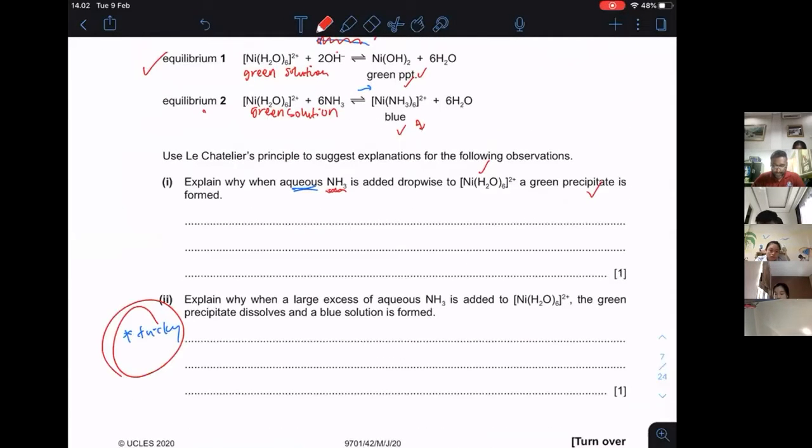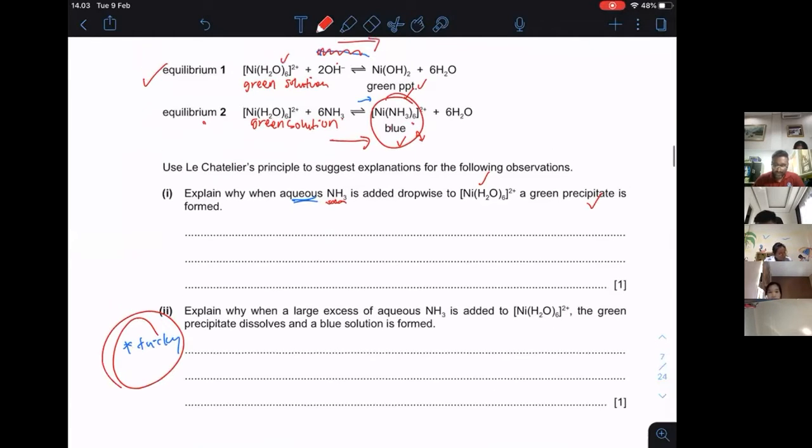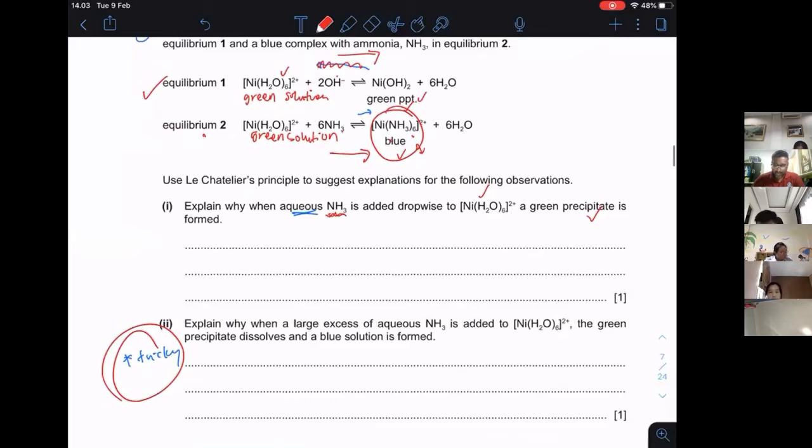So the tricky part is, they are asking, when you put a large excess of ammonia, a lot, it will move to the right. You are forming a lot of this. When you form a lot of this, you can see Ni(NH3)6 is going to be more. In this case, you can see the Ni(H2O)6 is going to become less.